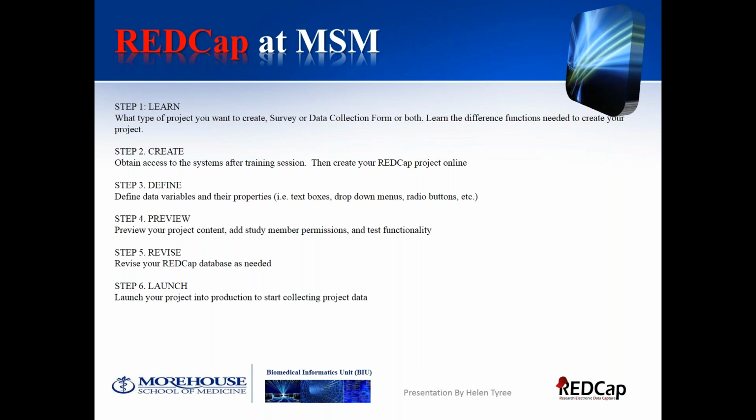Because while it's in the development format, you're able to make a lot of changes without going in and out of draft mode. So just test it, put in some data before you really go live. And then you launch your project from production to start collecting the real data.